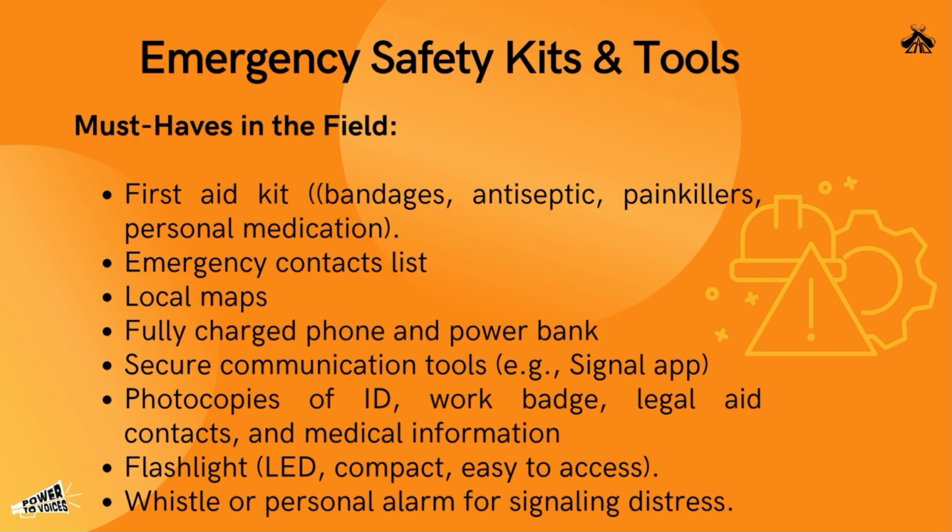It is also advisable to have photocopies of your IDs or legal aid contacts and medical information, a flashlight such as LED or compact, something easy to access, and also a whistle or a personal alarm for signaling distress.